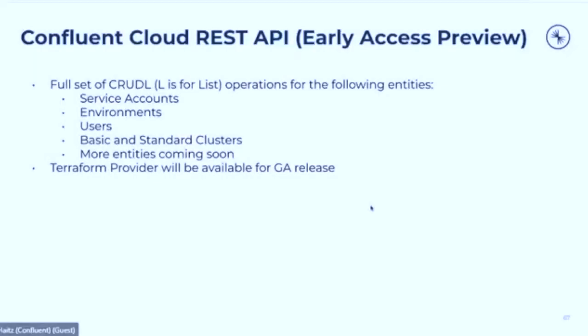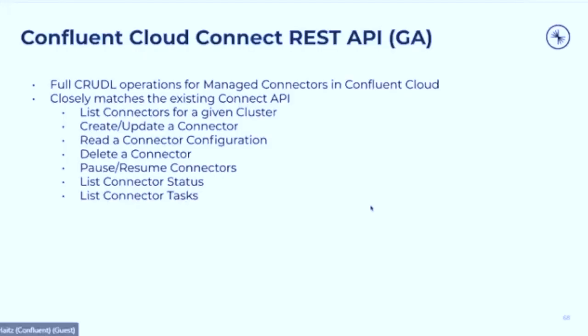And as I said, the Confluent Cloud REST API is in early access preview at the moment. If you have interest in joining this, please let me know. This would be an additional way of creating clusters and users, etc. That is then the last slide for the automation, just to indicate the steps in which the REST API becomes available.